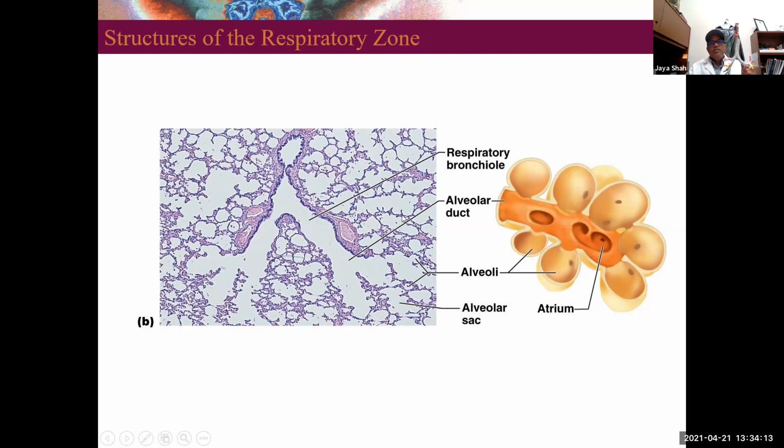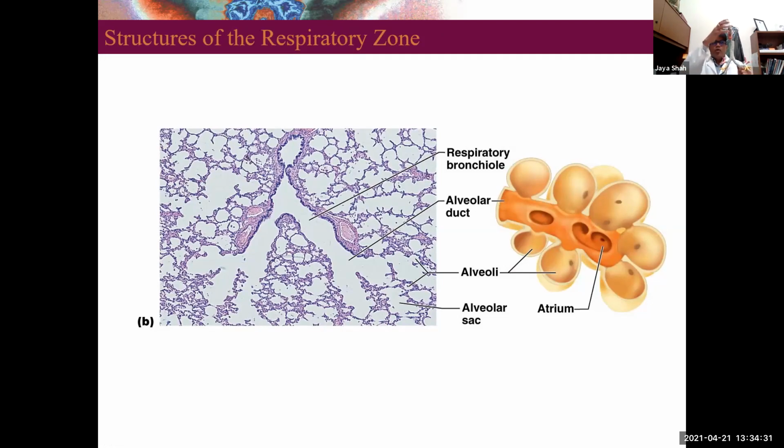Around it there are tiny capillaries. That's where they exchange the gas. I will go over that in detail in coming slides.